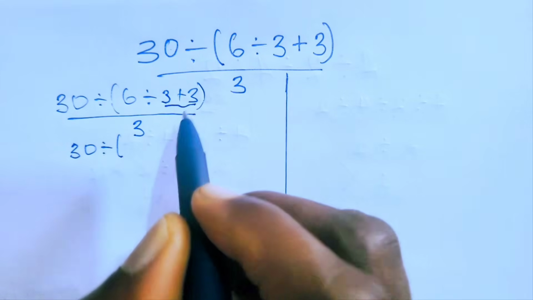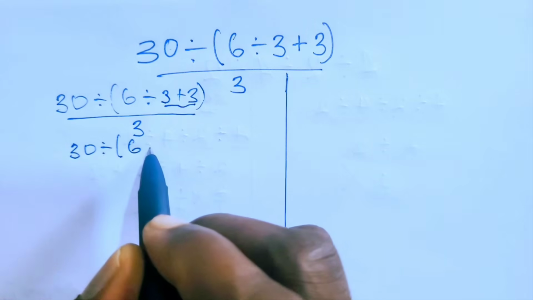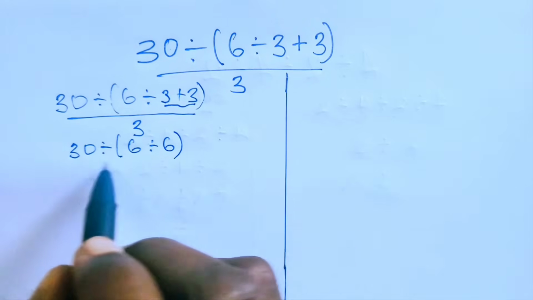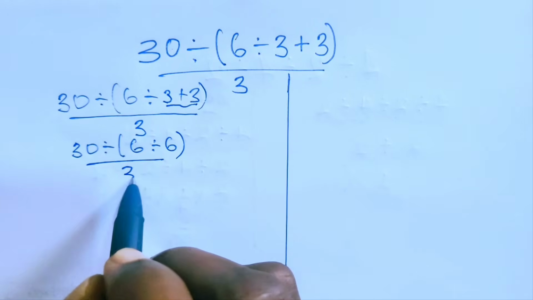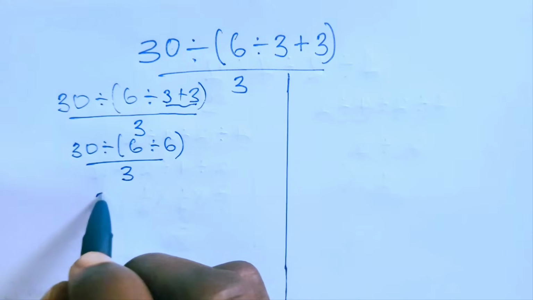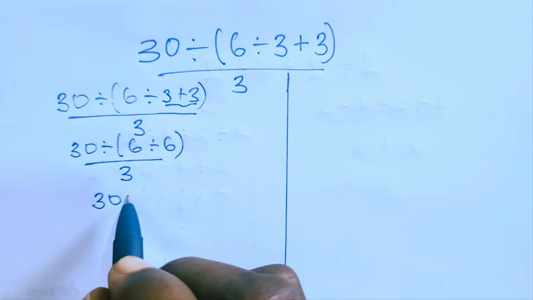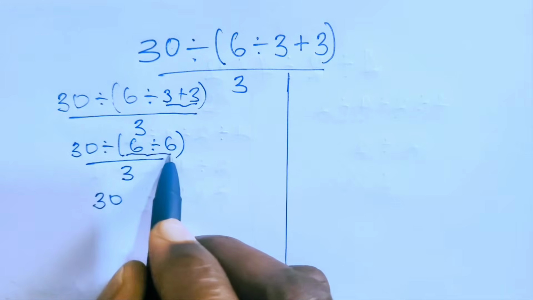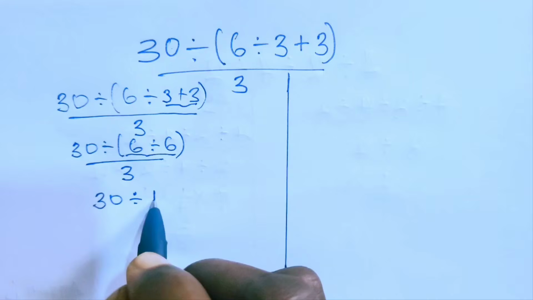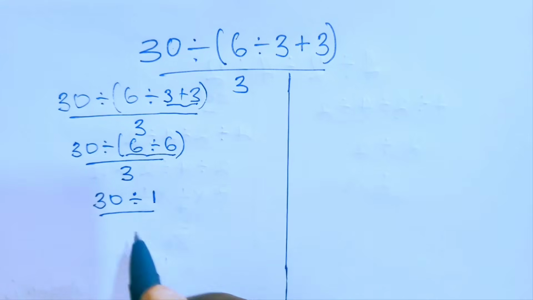We have this, that is 6 divided by 3 plus 3, that gives us 6. Then divided by 3. Then here we have 30, in parentheses again, we have 6 divided by 6, that will give us 1, then divided by 3.